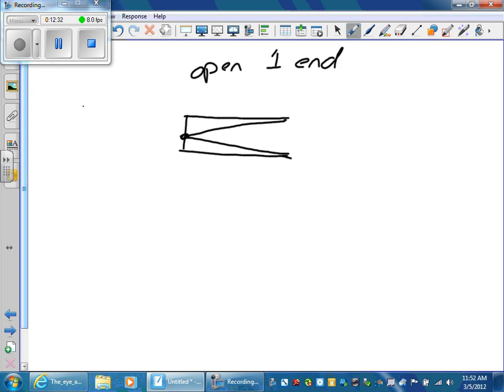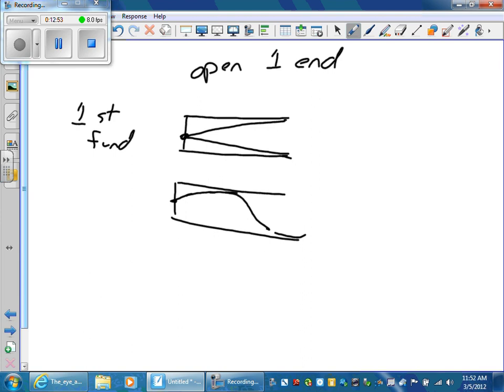First, our fundamental. Now, whenever we're trying to make the next one, once again, I have to end on an antinode and start with the node. I end up having to go all the way down, up and around. That is not the second harmonic.